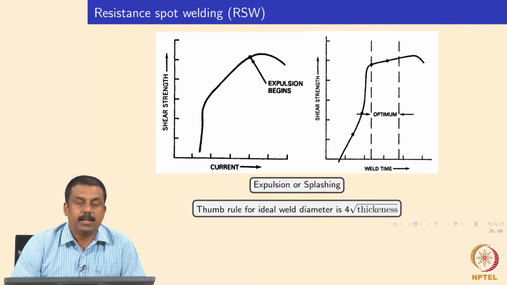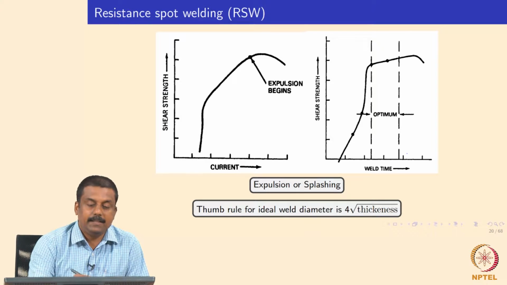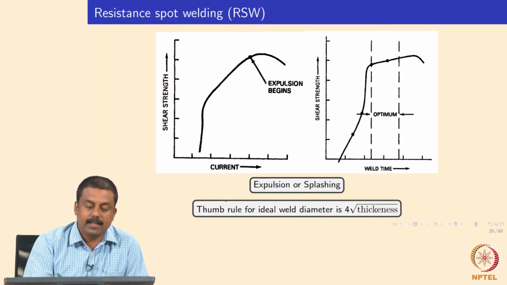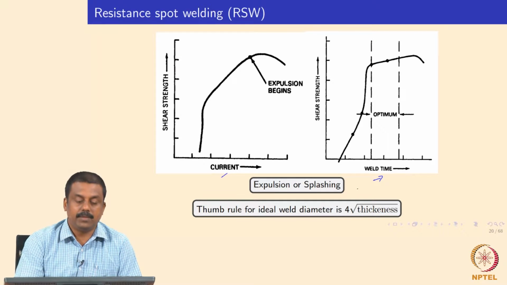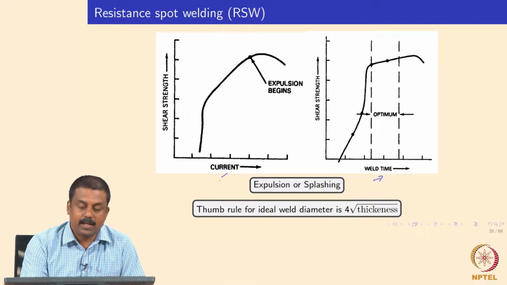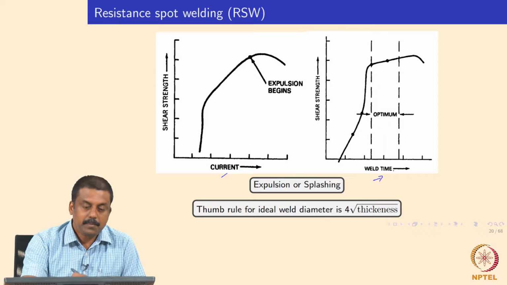So the weld nugget diameter is extremely critical to determine the actual weld properties. For example, in this graph I showed you two values on the x axis, one is current and one is welding time. And as I already explained, we can generate weld growth curves as a function of varying current at a constant weld time, or by varying weld time with constant current.